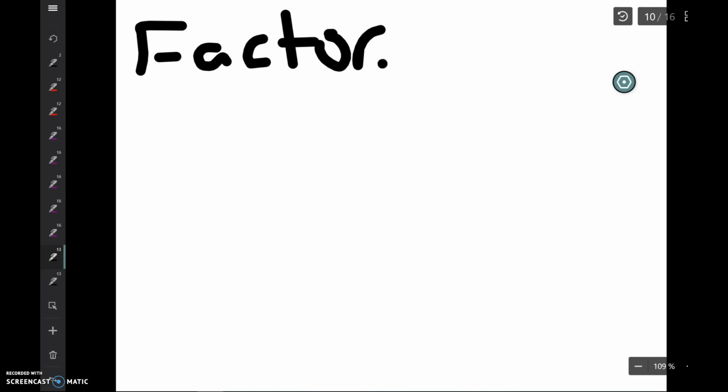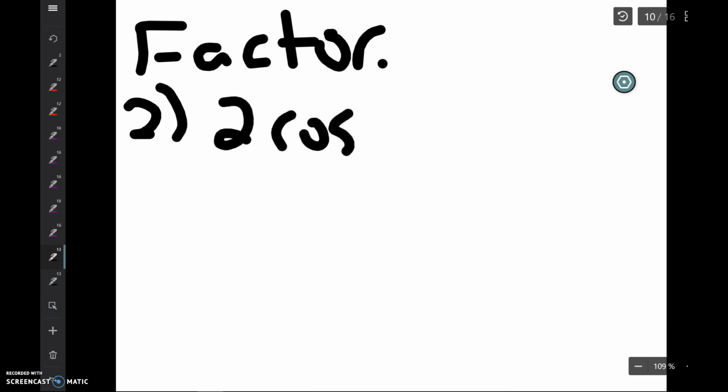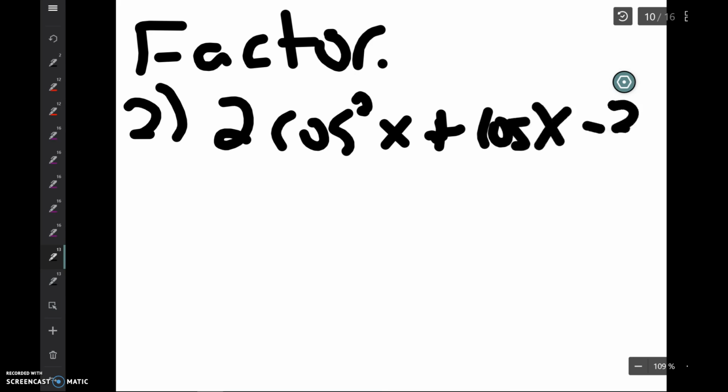Okay, so this problem that I'm looking at is number 2. So this is 2 cosine squared x plus cosine x minus 3. Okay, so you want to think about the cosine x as being like x.